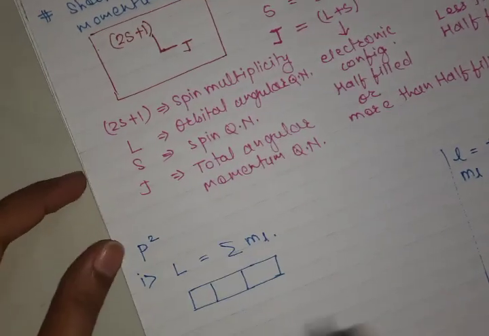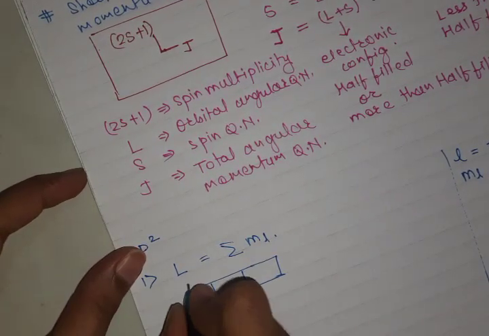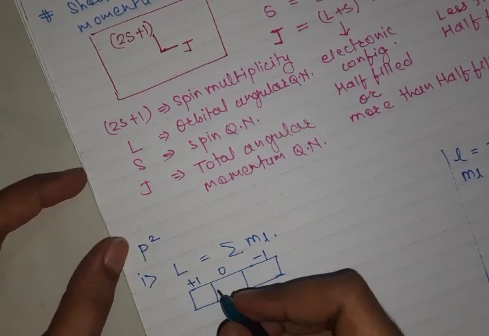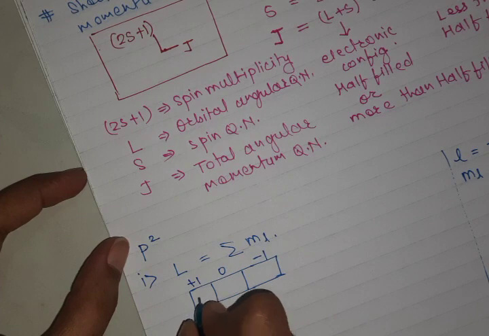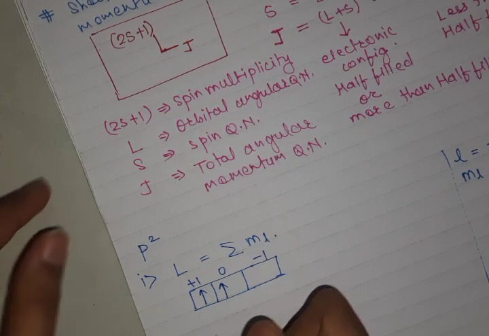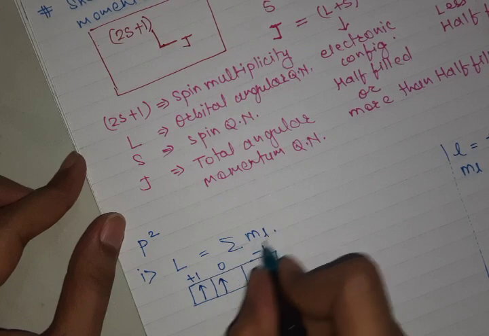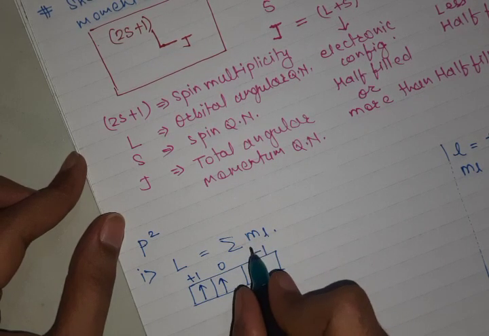So you have to write the ml values here, +1, 0, -1. And how many electrons are present? 2 electrons are present. So fill them like this, one in the upper direction, the other also in the upper direction. So these are the 2 electrons. Now we have to take the summation of ml values. How to take the summation of ml values?